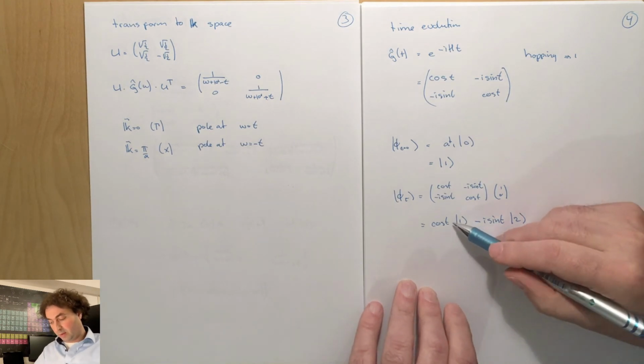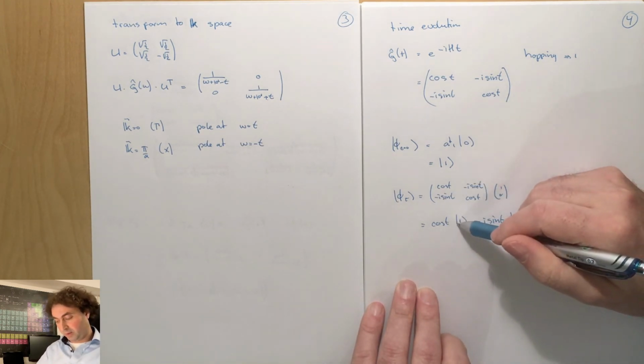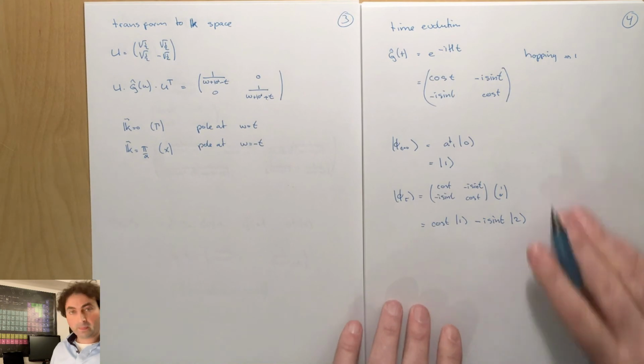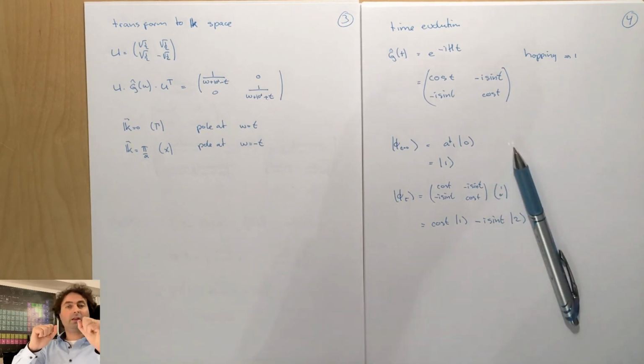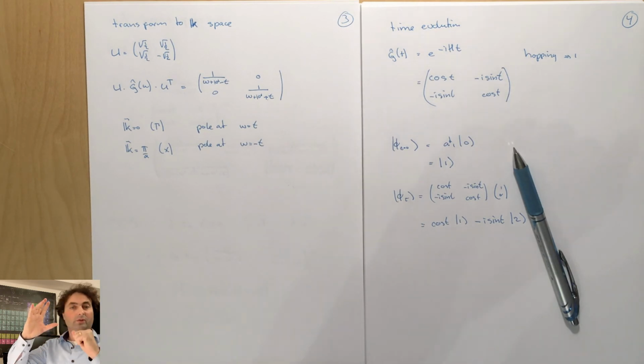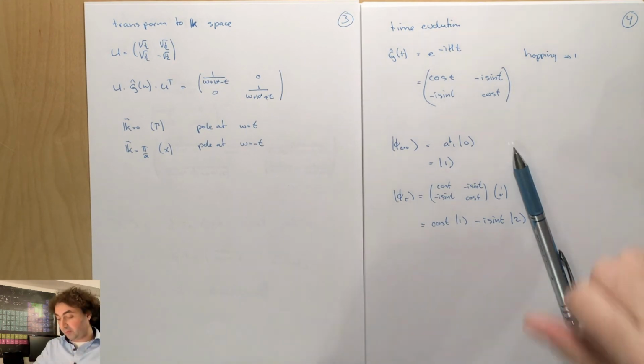So we see that we get an oscillation between the particle being in state 1 and state 2. So if I have a hydrogen atom and I create an electron on one side, then it will move to the right, to the left, to the right, to the left.